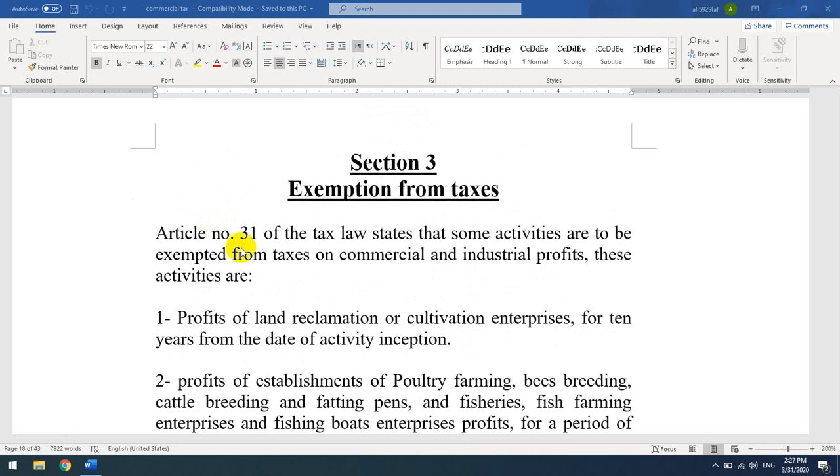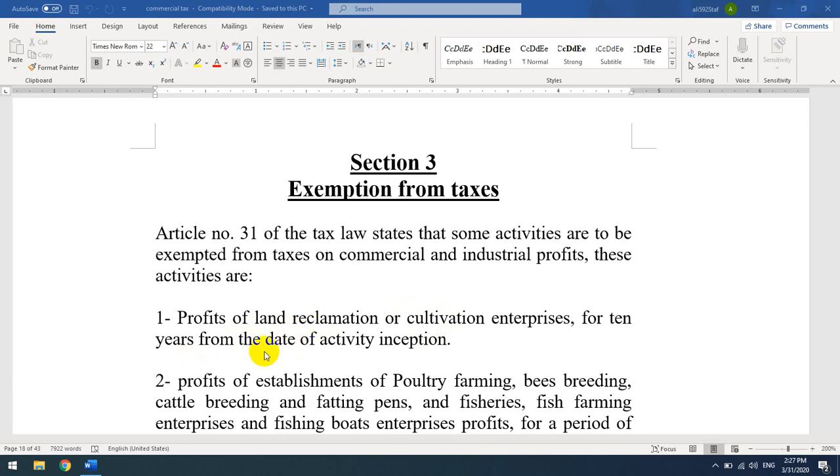Article number 31 of the tax law states that some activities are to be exempted from tax on commercial and industrial profits. These activities include profit of land reclamation or cultivation enterprises for 10 years from the date of activity inception. 10 years exemption from the tax for the lands reclaimed or cultivated for the first time.